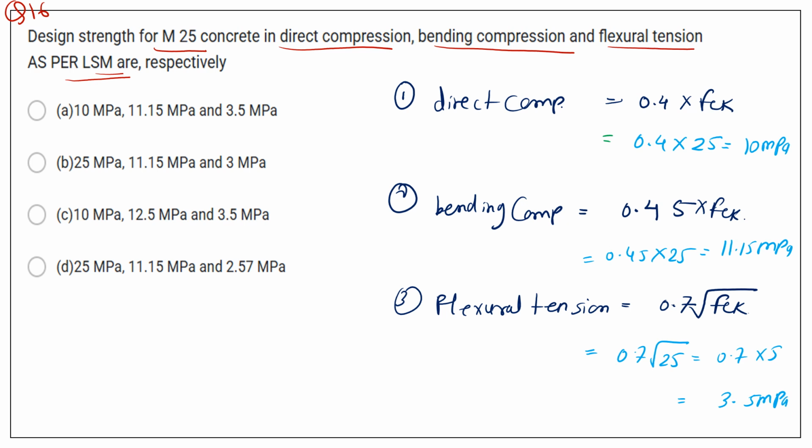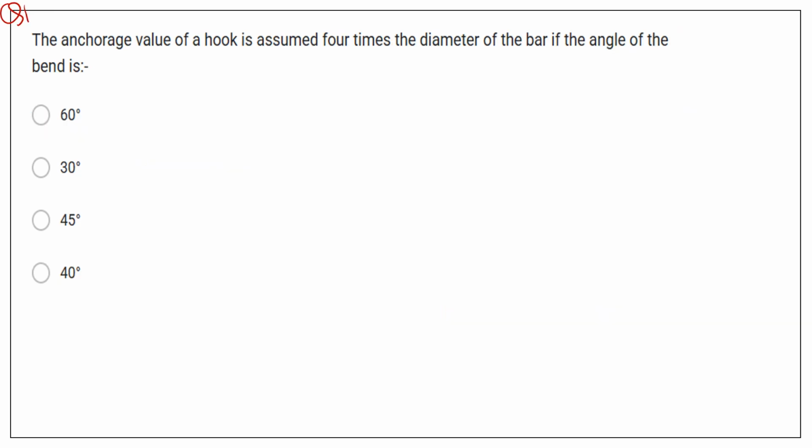All three values are present in the first option, so the first option is correct: 10 MPa direct compression, 11.25 MPa bending compression, and 3.5 MPa flexural tension as per the limit state method. The next question, question number 17.